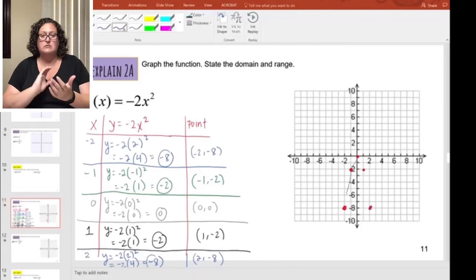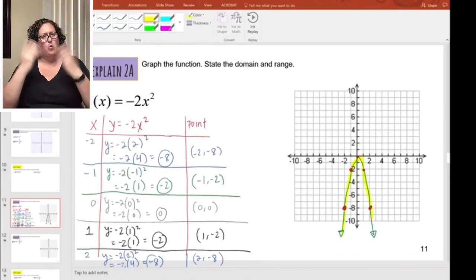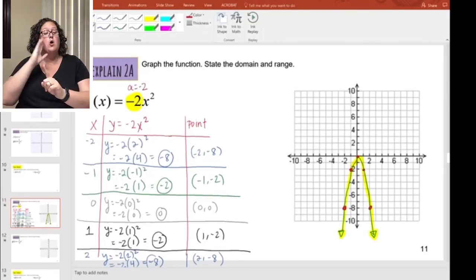Notice how our parabola opens down. The reason why our parabola opens down instead of up is because our a value is negative. Now if it was positive, then the parabola would open up.